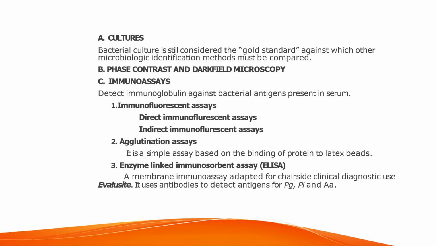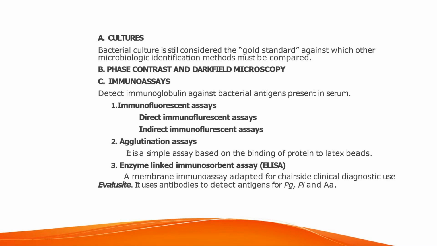You have certain immunoassays like immunofluorescent assays, which could be either direct or indirect. Then agglutination assays. The term itself suggests agglutination, the binding of a protein to a latex bead so as to further detect the pathology. Then enzyme linked immunosorbent assay.